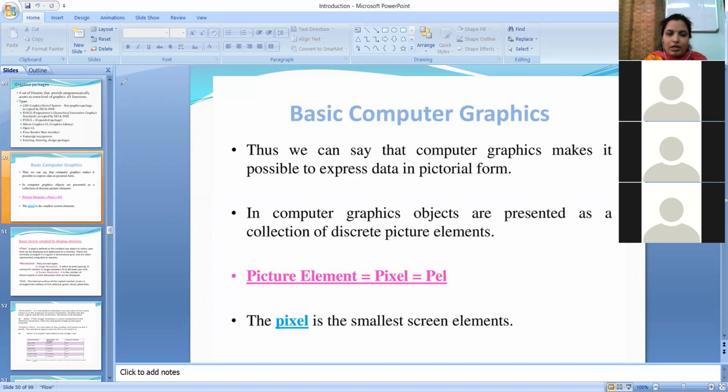You write the program in the Turbo editor, execute it, and get the output on the black screen, which is called the output screen. Now what happens in computer graphics is that the black output screen is converted into a number of pixels.